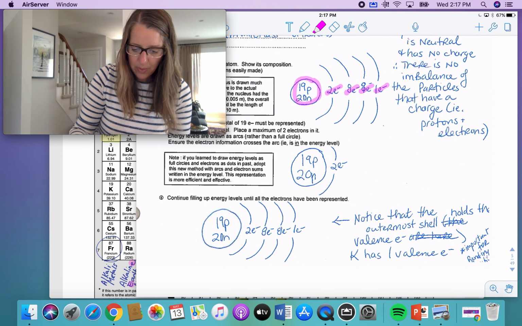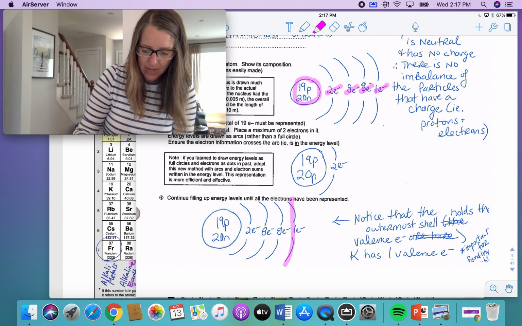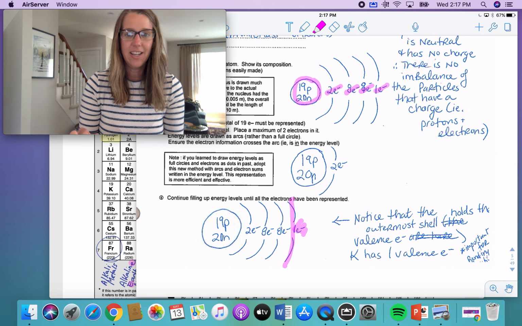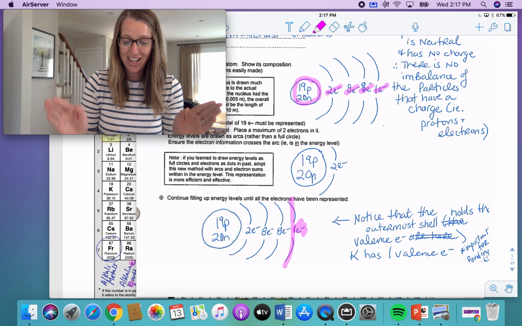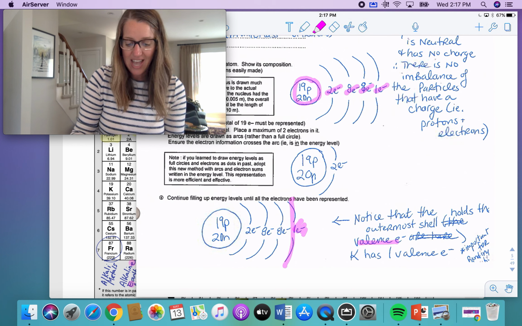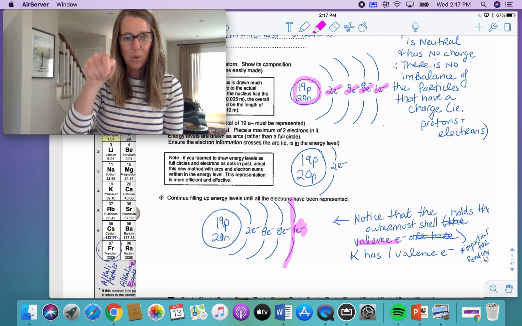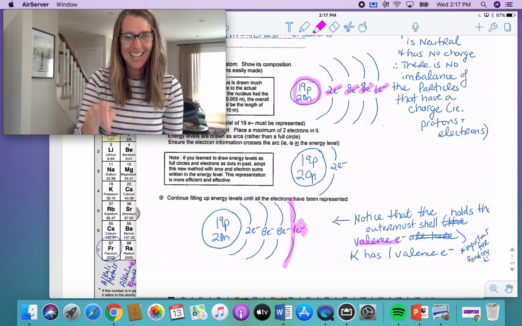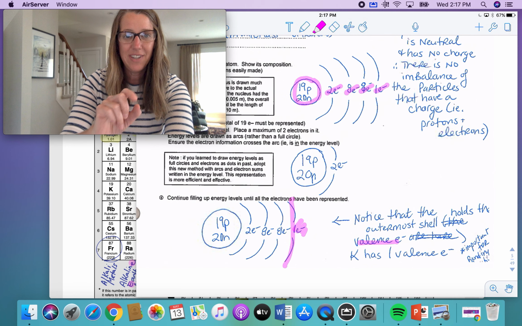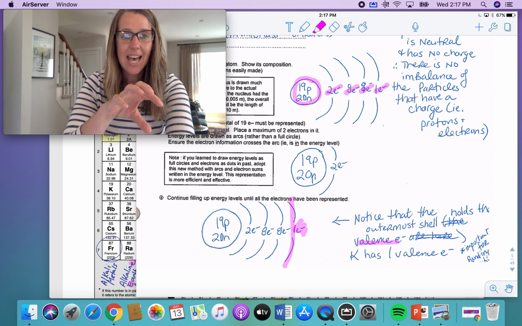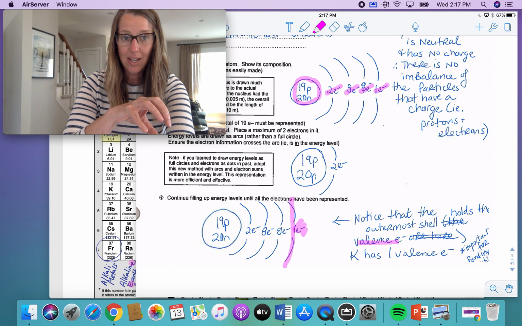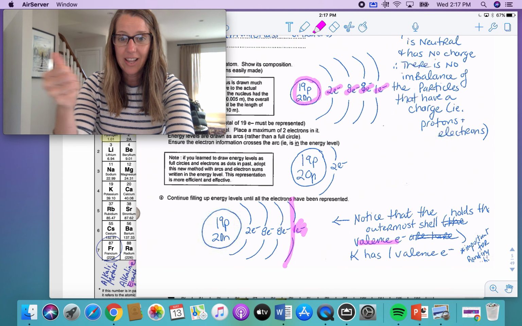Okay, we need to remember now that this outer shell is called our valence shell. That is the outer shell. And every atom in group number 1 will have one valence electron. Okay, one valence electron means that that atom is going to be stable by turning into an ion by losing that one electron.